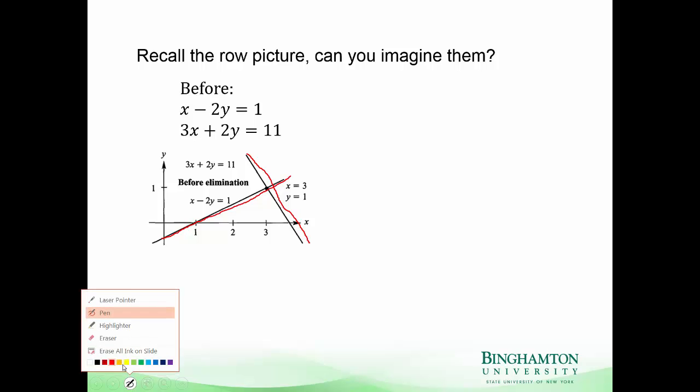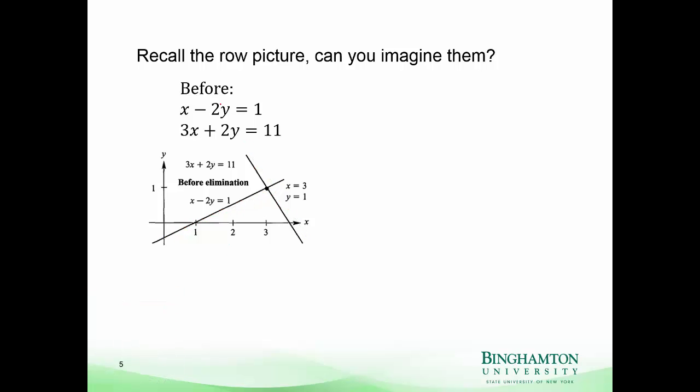Now, I just want to point out in passing that anything that looks like this is an equation for a line. Now, you may be used to seeing it in a different form, so you may be used to seeing y is equal to mx plus b, and you can convert each of these into that form.